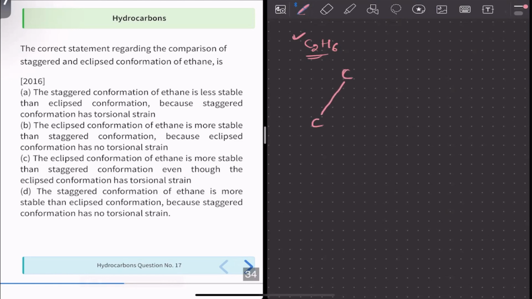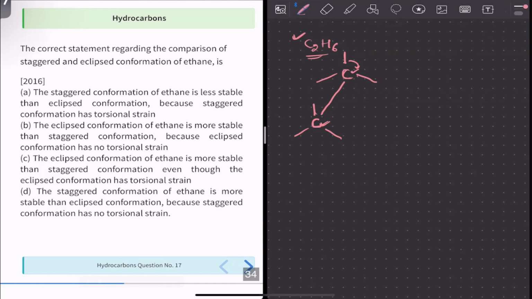we had talked about this in the previous session also, that in this sawhorse projection type of structure, we can fix a carbon and rotate another carbon so that the spatial arrangement of the hydrogens attached to this carbon will change according to the fixed carbon. So we'll get an infinite number of conformers from a single molecule.